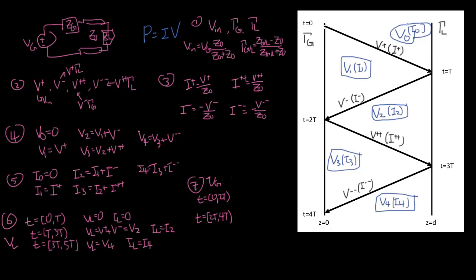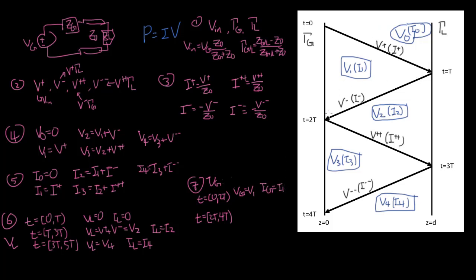So from 0 to 2t, at t equals 0, this V plus wave already goes out. So you can see that the voltage at the generator is going to be equal to V plus, right? Or in other words, if we use the same logic as before, it's V1, or V plus, depending on which one you want. And IG at this stage is going to be equal to I1.